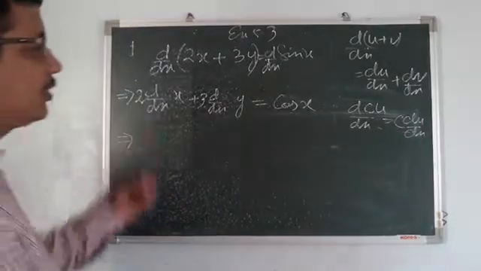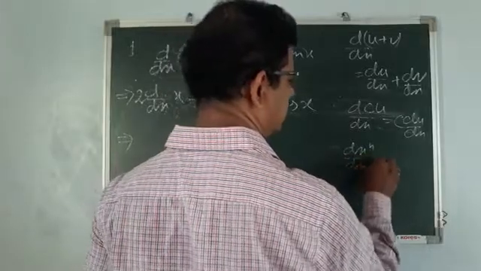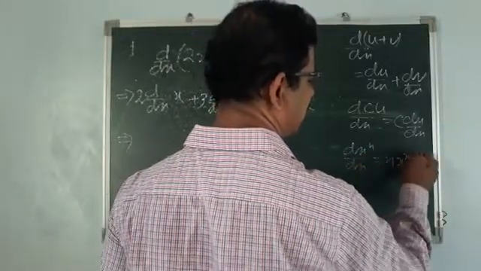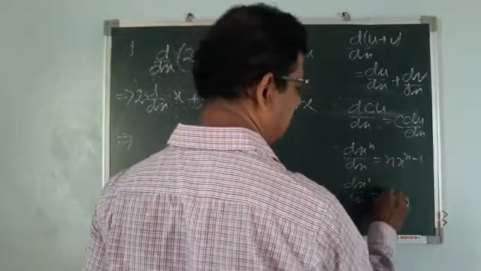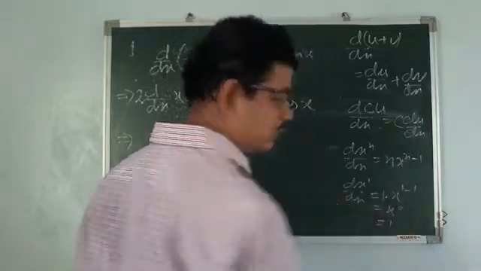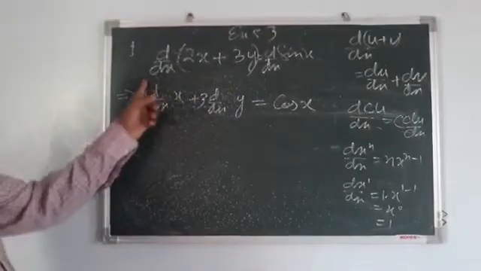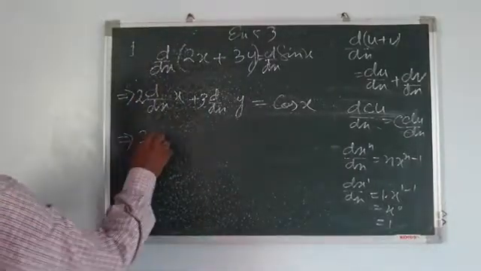Now, what is dx/dx? As we have learned, d/dx of x to the power n is n x to the power n minus 1. So if we consider x to the power 1, it is 1 times x to the power 1 minus 1, that is x to the power 0, so it is 1. So this term, as I have found, is 1.